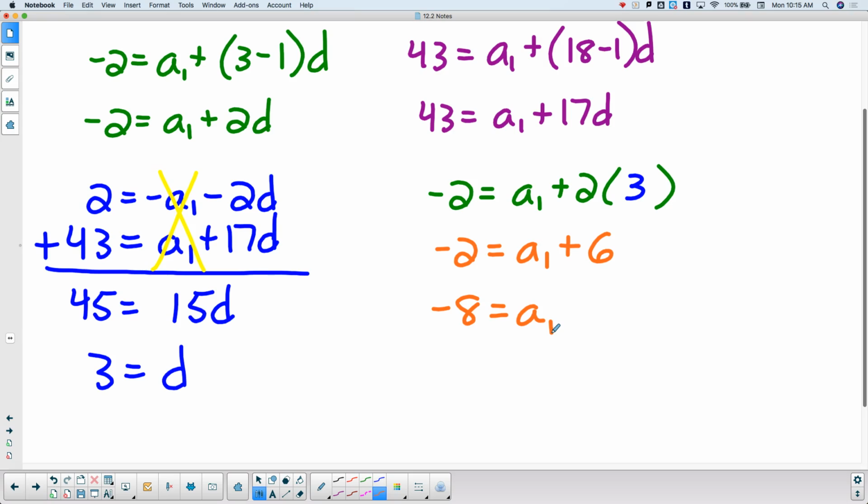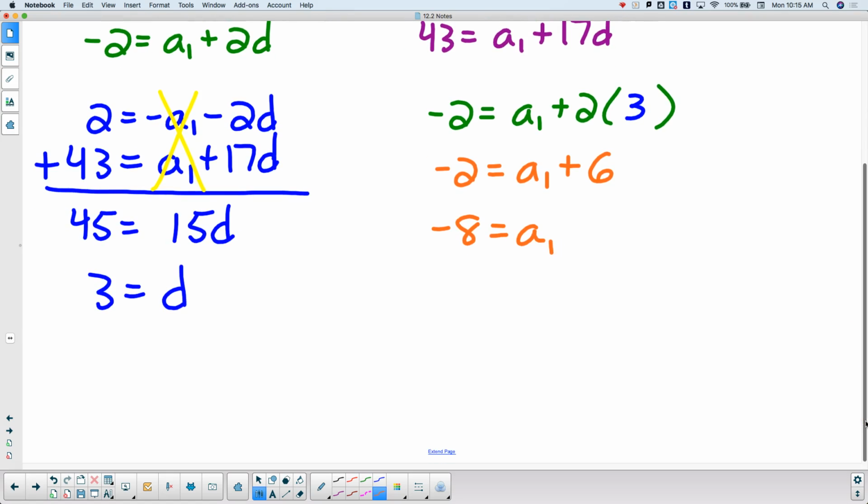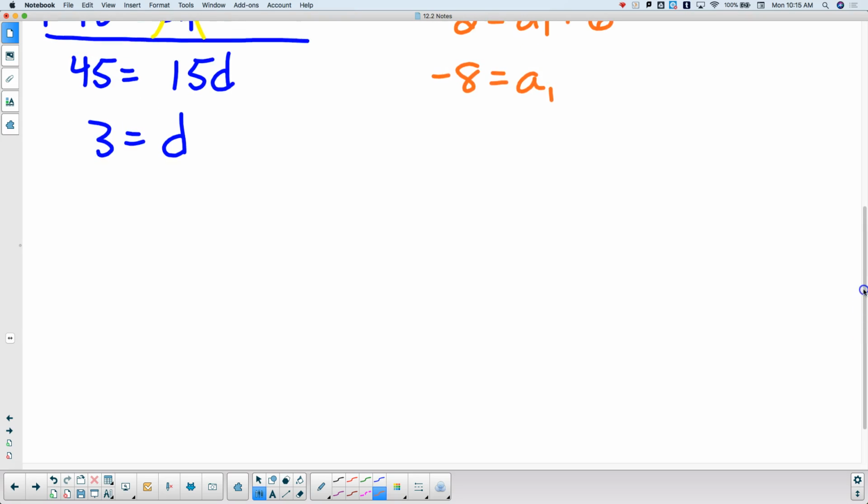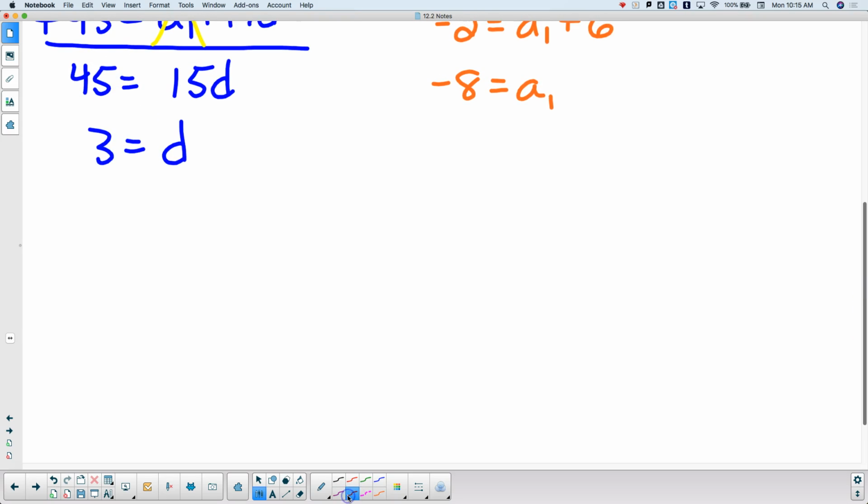Now I have the two pieces of information I need to write the rule for this particular sequence. That would be a sub n is equal to negative 8 plus n minus 1 times 3. That's my basic one.